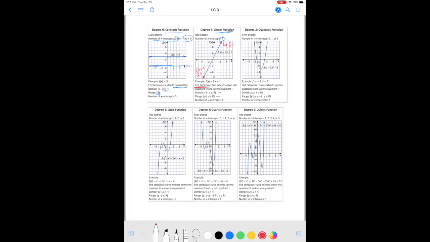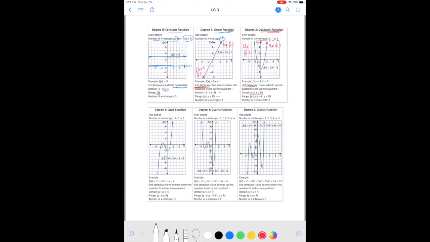So if we look at the next function, the quadratic function, sorry, it has the number of x-intercepts, you could have 0, 1, or 2, depending on how it's situated. Now the end behavior, you can say it's up, quad 1, up, quad 2.